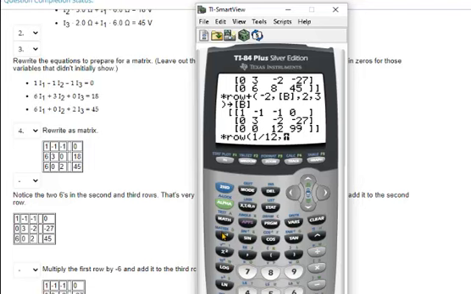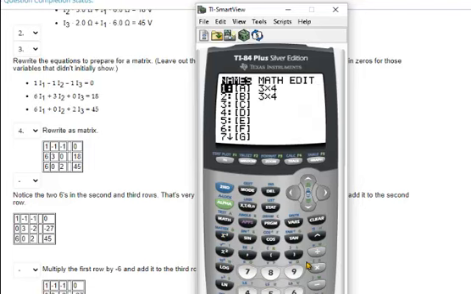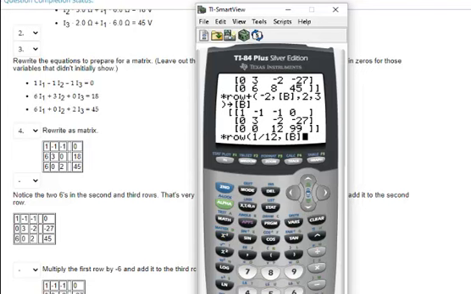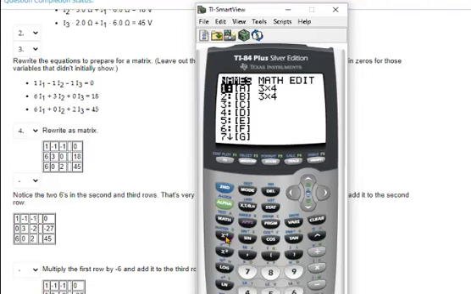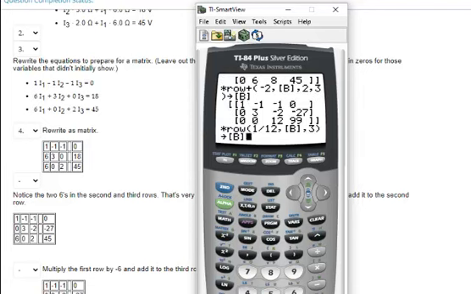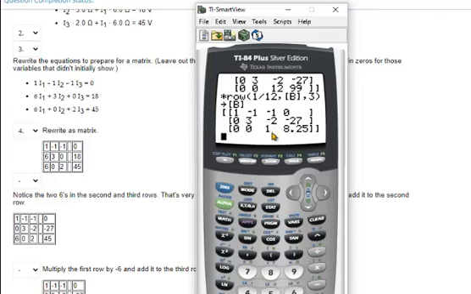So still a matrix B, comma, and as I said, the third row, parentheses, and store in matrix B. And there we go. So there I got the 1 that I was aiming for.